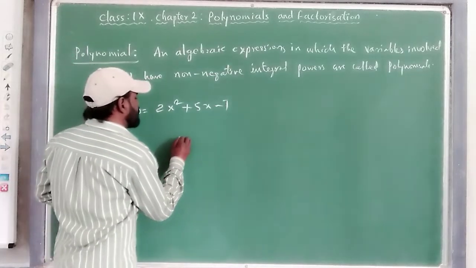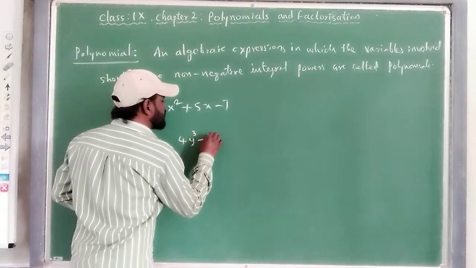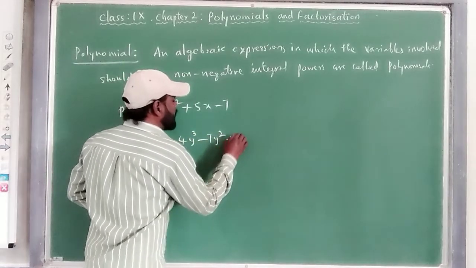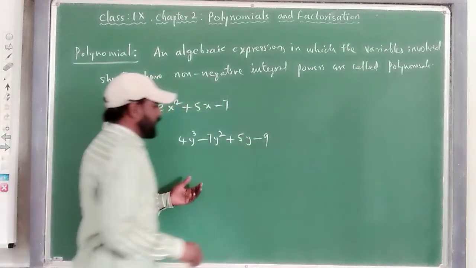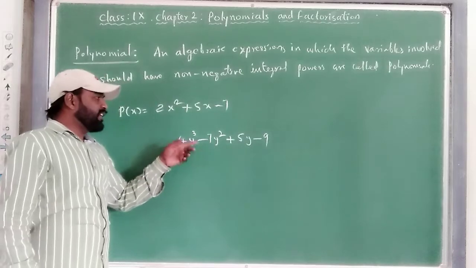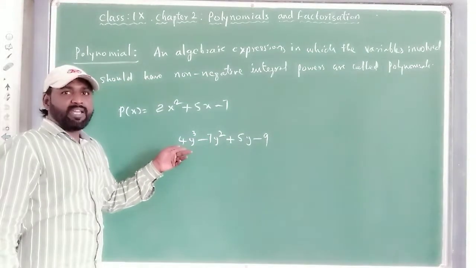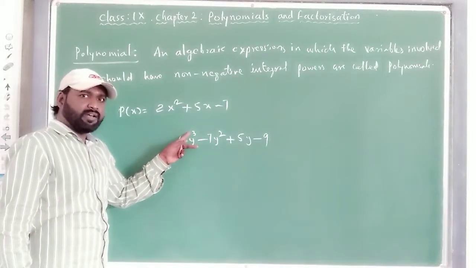Suppose I take 4y cube minus 7y square plus 5y minus 9. It is also an algebraic expression containing the variable y, and the powers are non-negative integers.